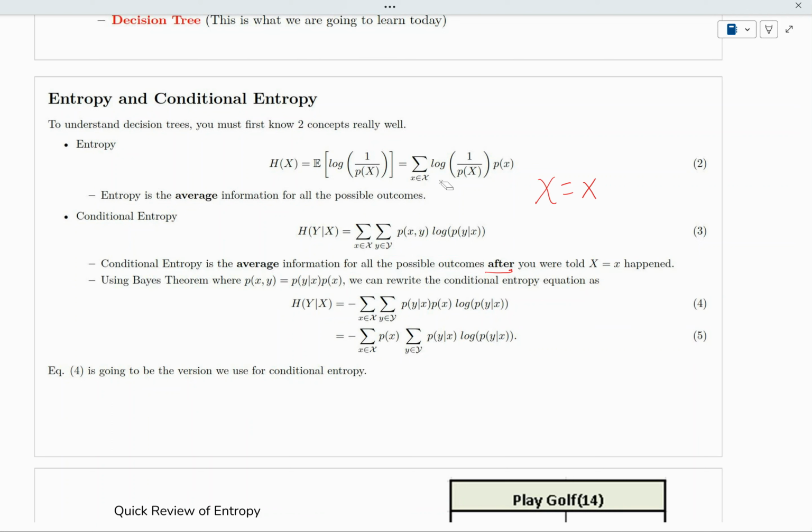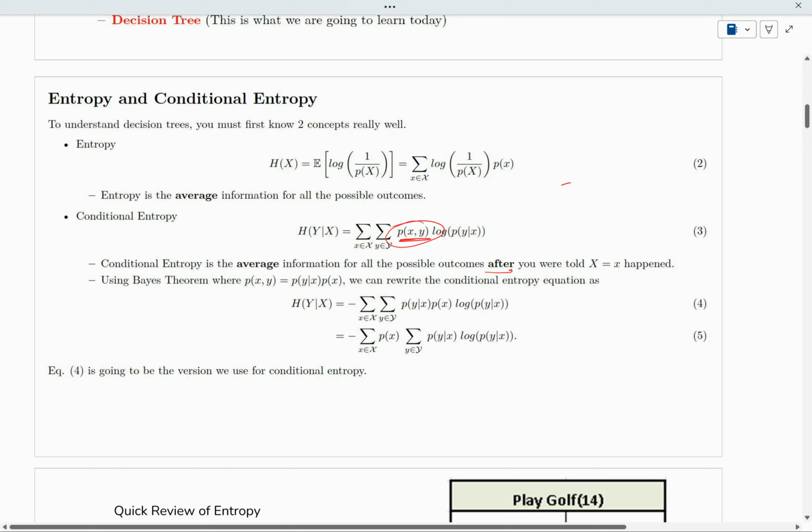Using Bayes' theorem, we can split the joint into this format, and over here, x can be moved out. Therefore, we have the summation of p of x, and what's inside is just the conditional. This is the conditional equation, but this one is the one that we will normally use because it is easier to do mathematically. So this right here is the equation.